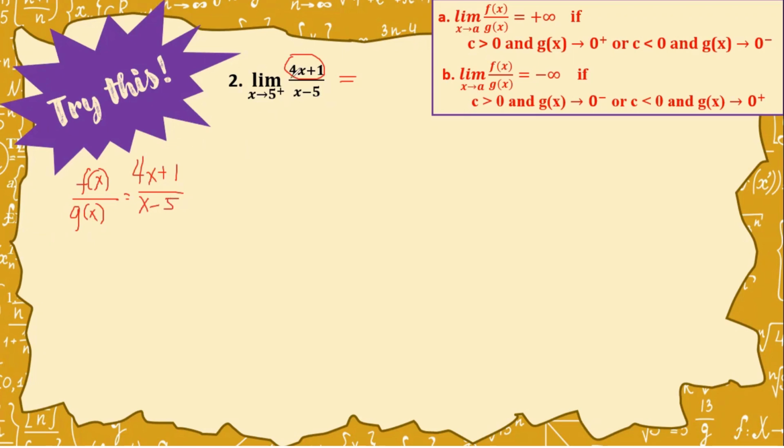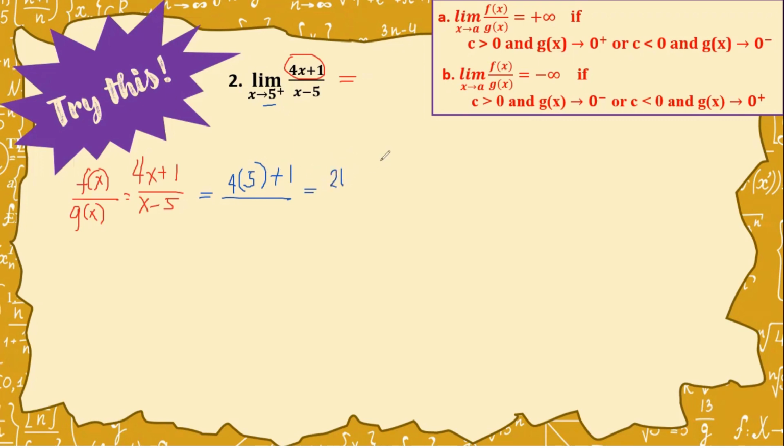Now, unahin natin si f of x. So, we have here f of x, 4 times, what is the value of our approach? 5. Okay? So, 5 plus 1. Unahin muna natin si f of x is equal to, ano yung sagot dito? 20, 4 times 5, 20 plus 1, that is 21.